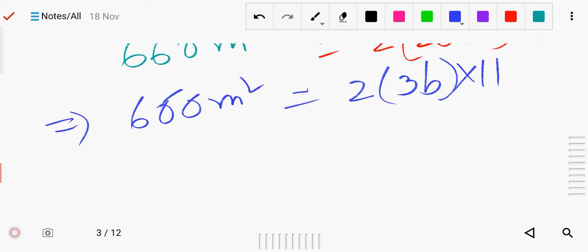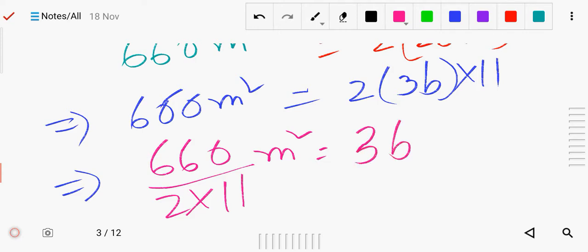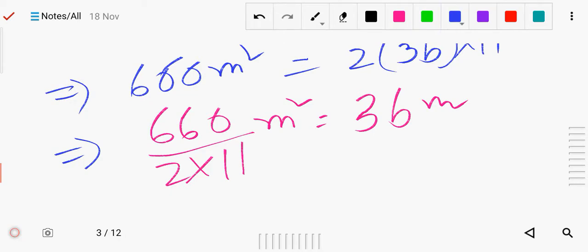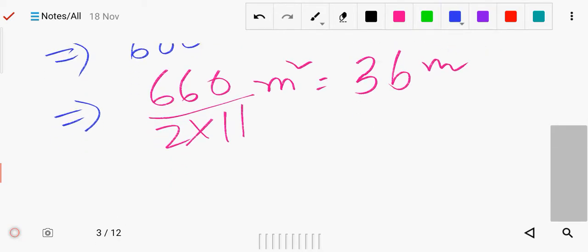Now we can move these numbers to the other side. 2 will come to this side, so it will divide. 11 you can also send here. 3b will be left on this side. Then you can send this 3 also to this side.